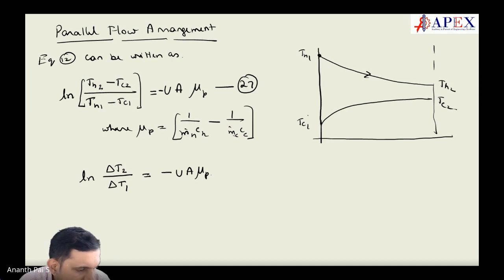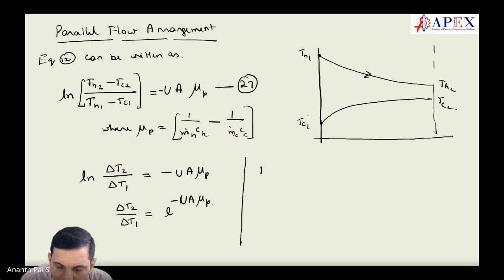So I can write log of this one, if you say delta T2 by delta T1 is equal to e power minus UA mu P. Correct now? Further going, I can write 1 minus delta T2 by delta T1 is equal to 1 minus e power minus UA mu P. It should be plus.